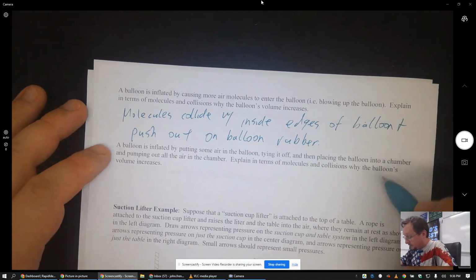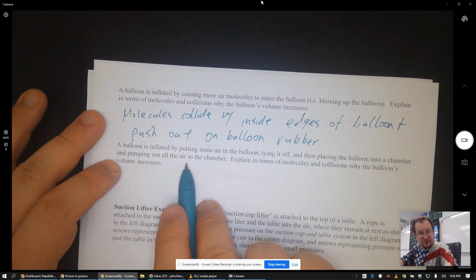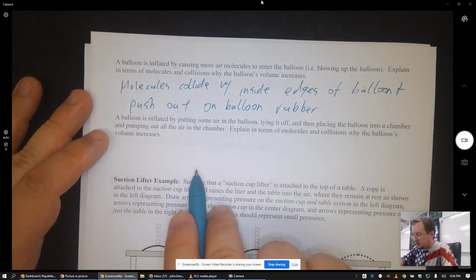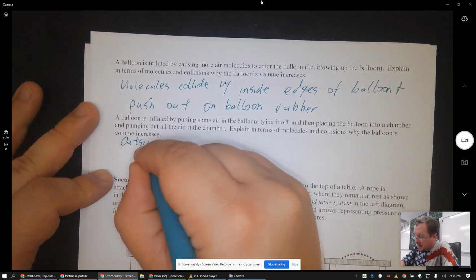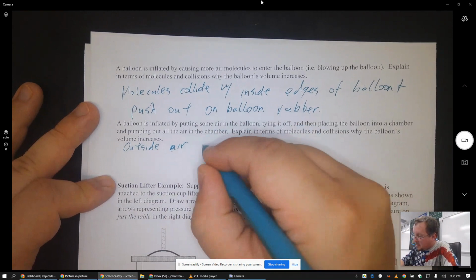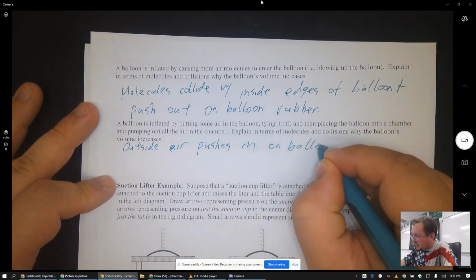Okay. Then we place the balloon into a chamber and we remove the air from the chamber. Why would the balloon's volume increase? Well, here's the reason: the outside air pushes in on the balloon.